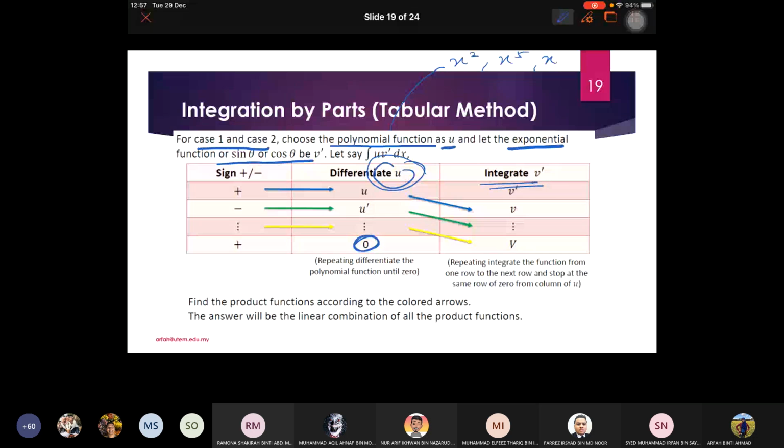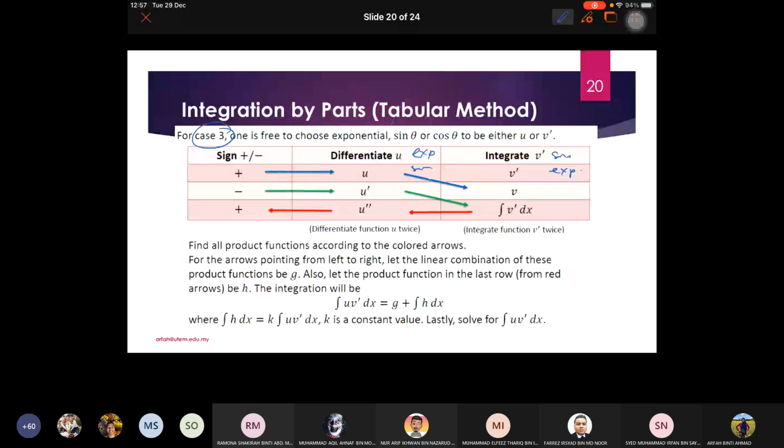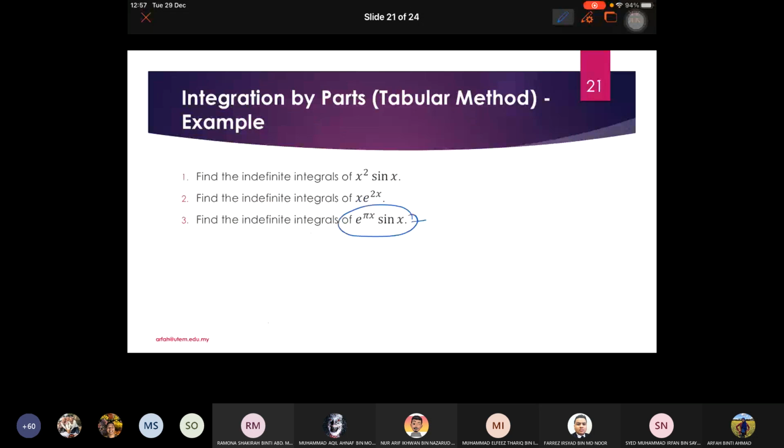So that is why kalau awak letak exponential function dia tak akan habis. Yang ini case 3, yang ini boleh jadi awak punya u, yang ini boleh jadi awak punya v prime, atau sebaliknya. Either one. Boleh je.